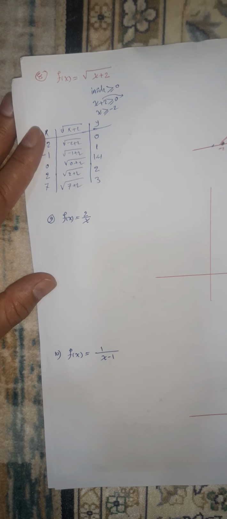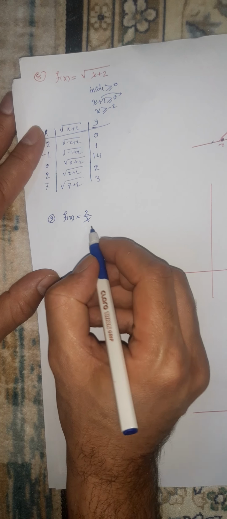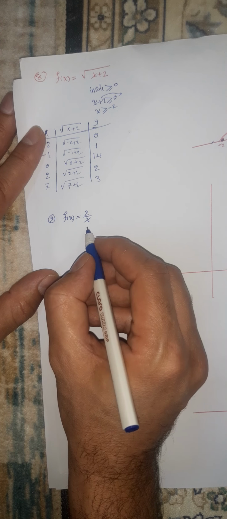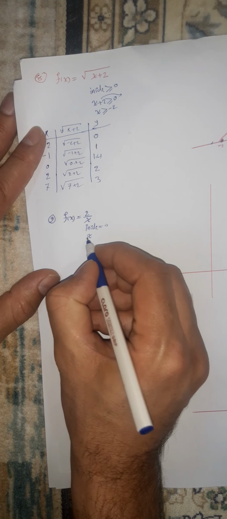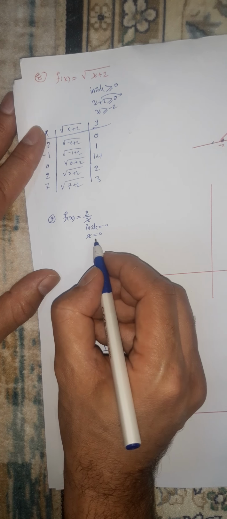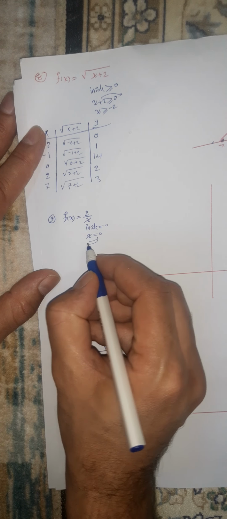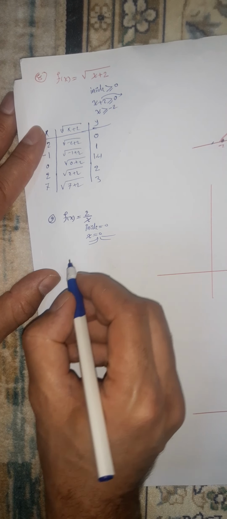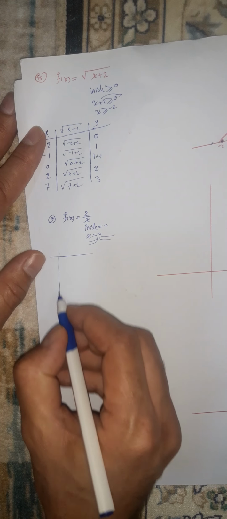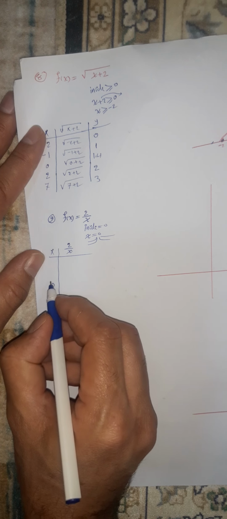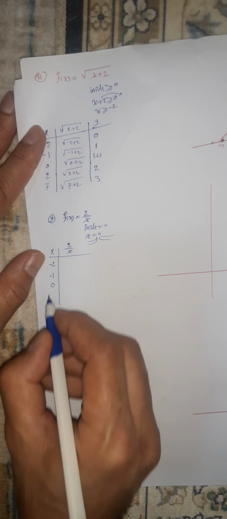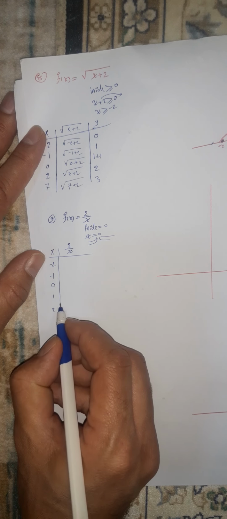And then number 5, about the rational function. For the rational function, the inside must not equal 0, meaning x is not equal to 0, so take 2 points smaller than and bigger than 0. So you have x and 2 over x: smaller than 0: -1 and -2, bigger than 0: 1 and 2.